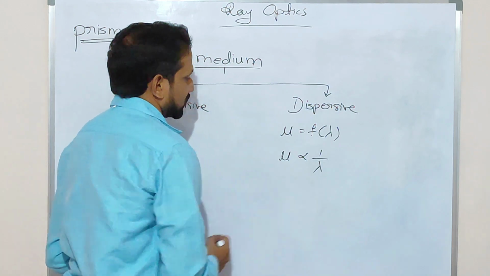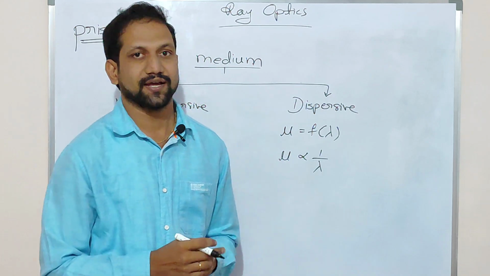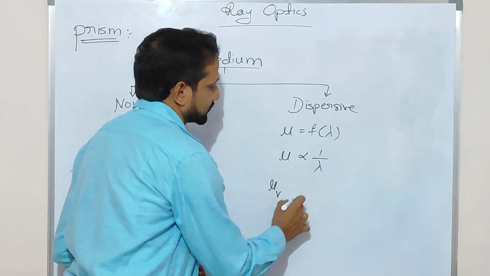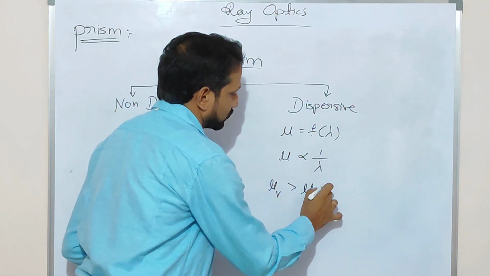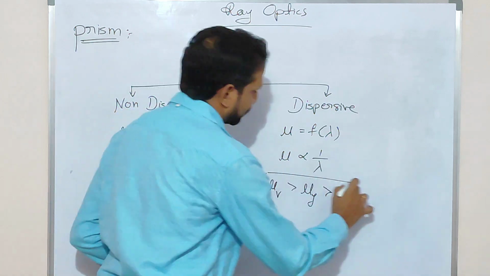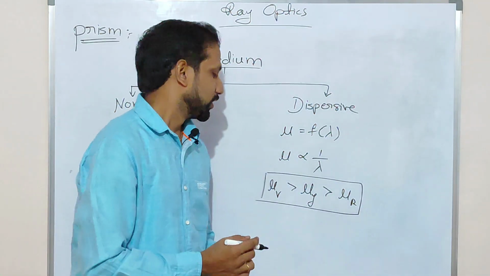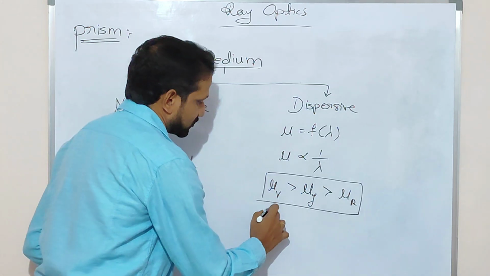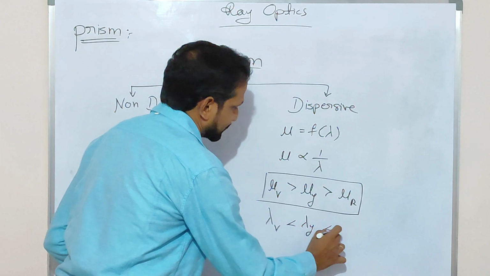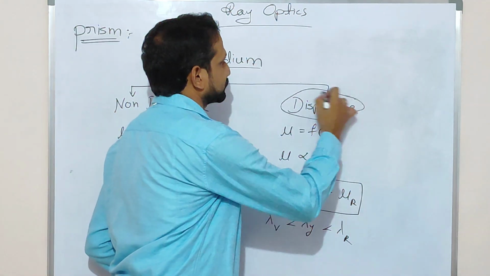That means if you consider the VIBGYOR, that is from violet to red, violet has the least wavelength, so violet will have more refractive index, then yellow, then it is red. So this is the decreasing order of the refractive indices of violet, yellow and red. And corresponding wavelengths, lambda for violet is less than lambda for yellow, is less than lambda for red.